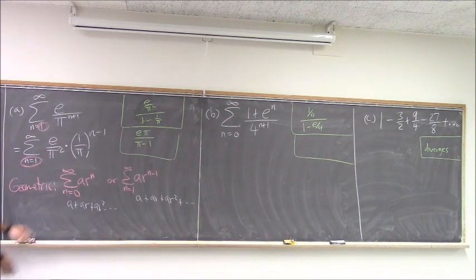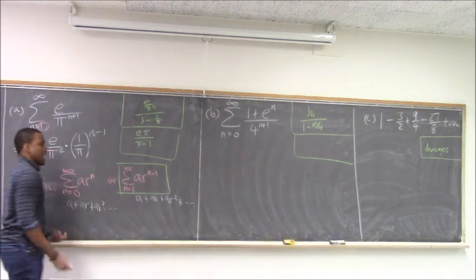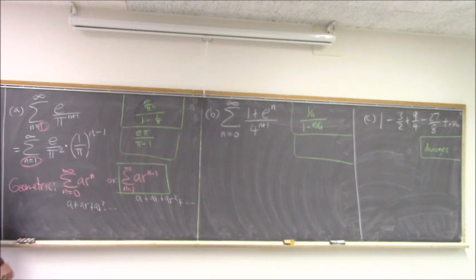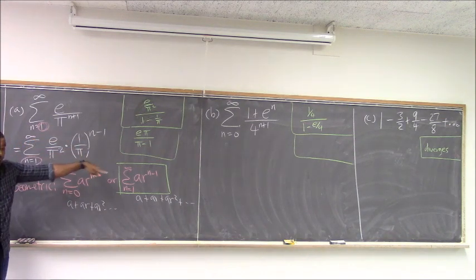So I'm seeing this, and you realize it's geometric. You need to get it into one of these two forms. Seeing that it starts at 1 means this is the form you want to get it into. So that's going to be your first step. I think this is geometric. In order to know what it converges to, I need to get into one of these two. It starts at 1. That's my goal. I need to write this to look like that.